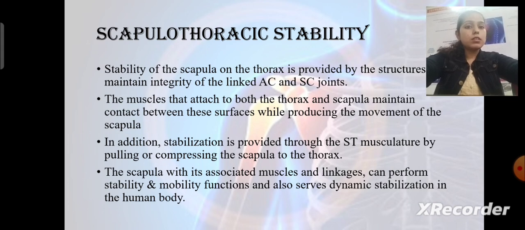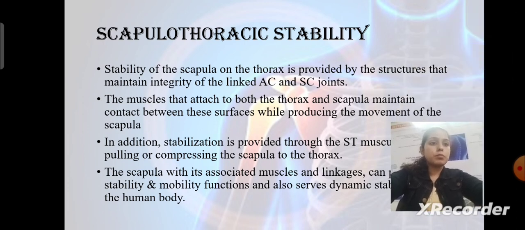In addition, stabilization is provided through the scapulothoracic musculature by pulling or compressing the scapula to the thorax. The scapula, with its associated muscles and linkage, can perform stability and mobility functions and also serves dynamic stabilization in the human body.